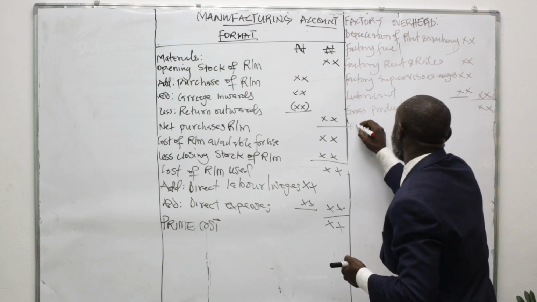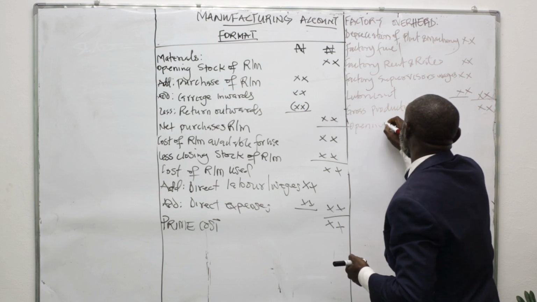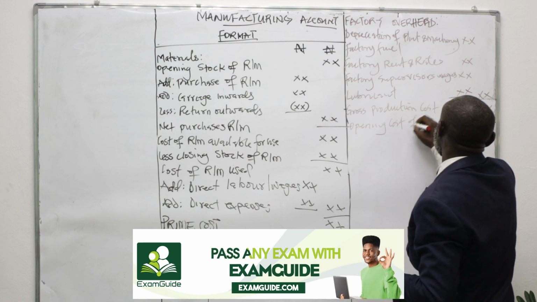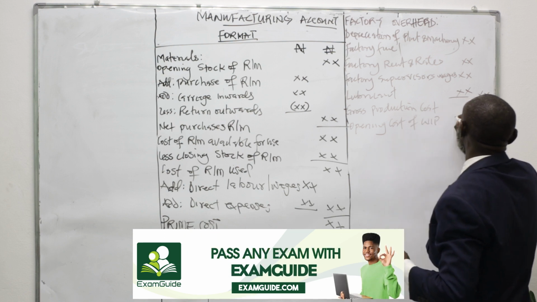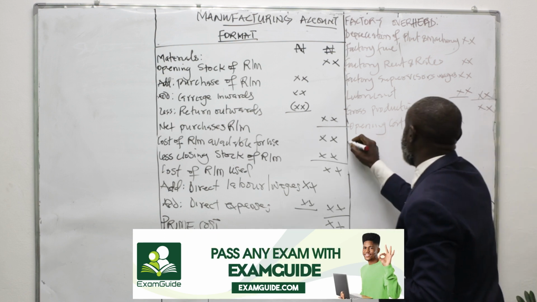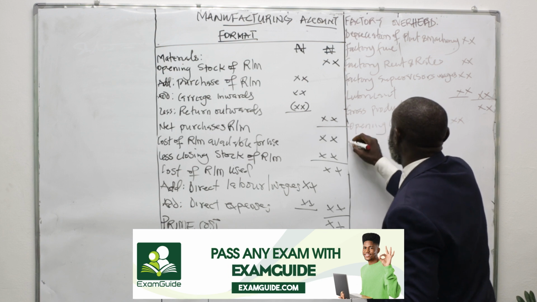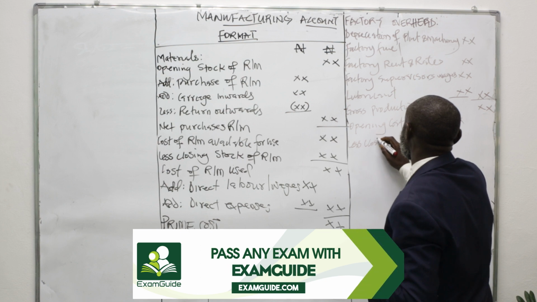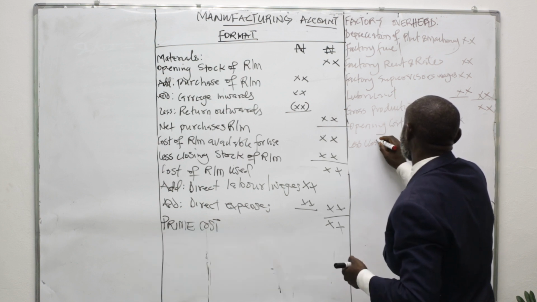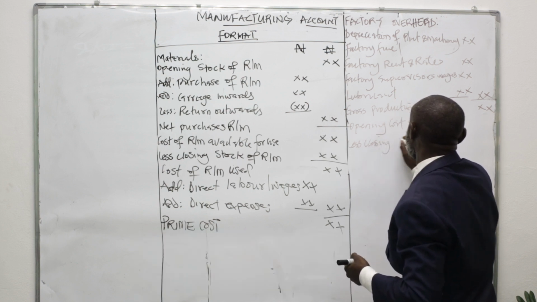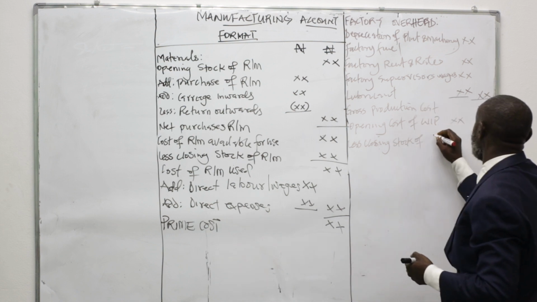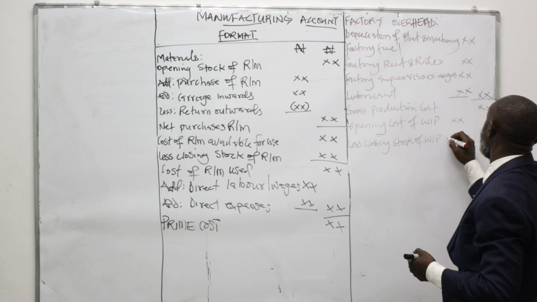So you take opening cost of WIP and less closing stock of WIP.